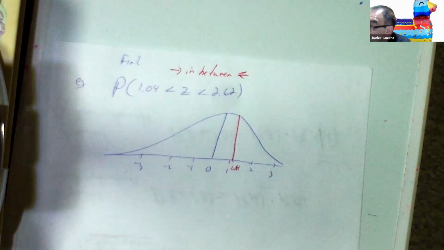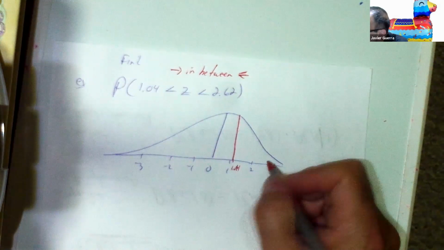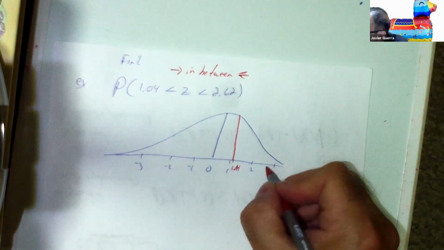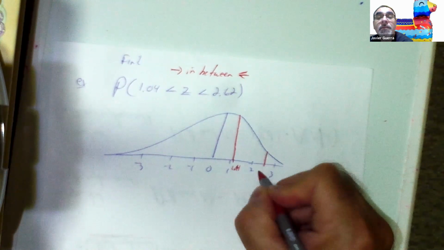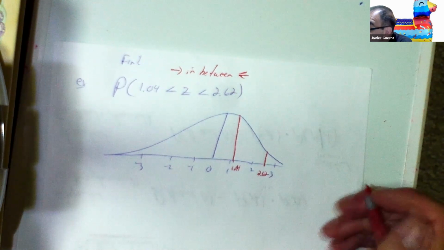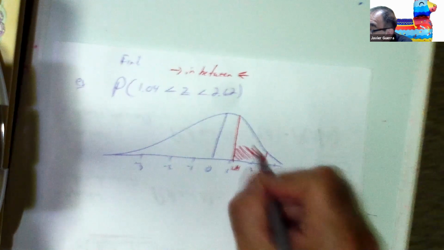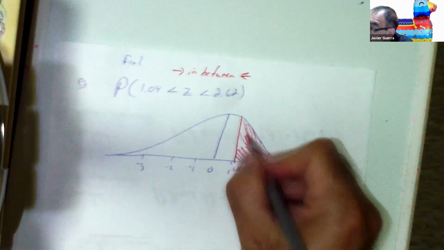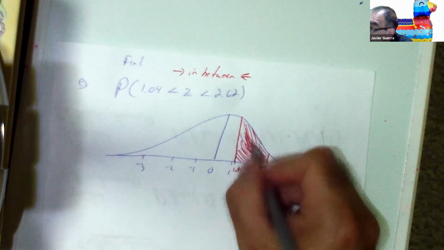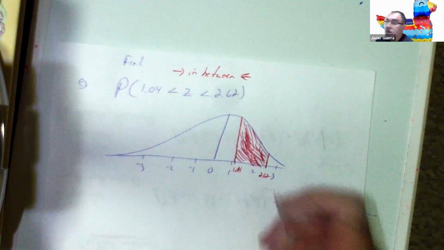And then 2.62, they're both positive, right? So they're both going to be on one side. 2.62, about right there. And I shade in between. So your goal is to find that area that's shaded in between the 1.04 and the 2.62. That is one ugly graph.